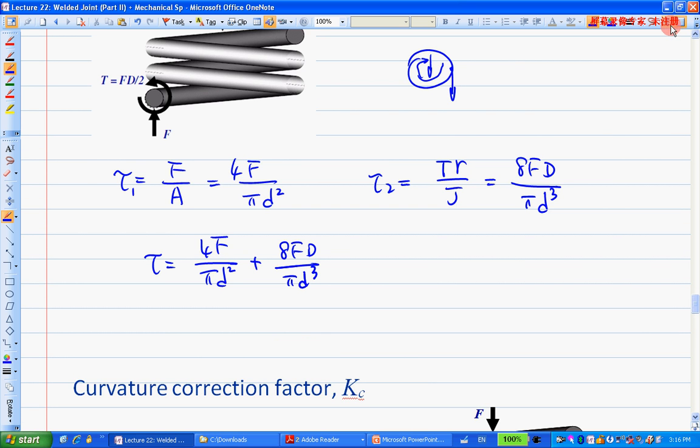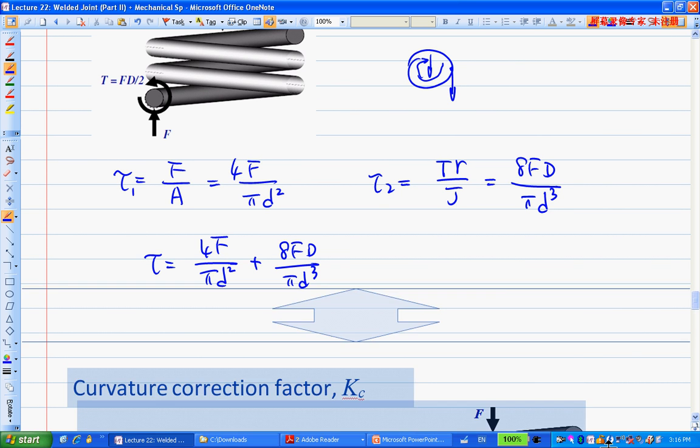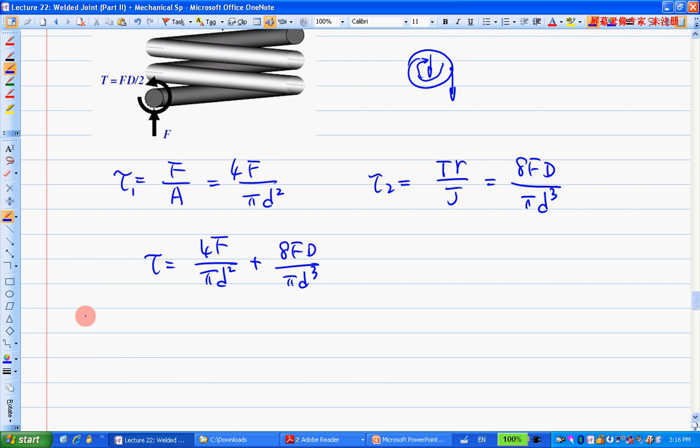And conventionally, we don't write it like this. We define C as the ratio between the capital D and the small d. Okay, the ratio is called the spring index.